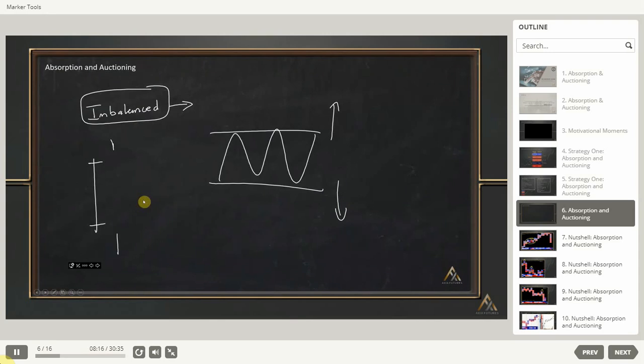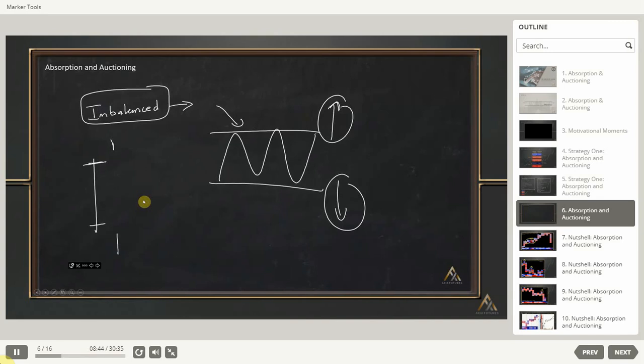So if we're seeing the concept of absorption and auctioning occurring in an imbalanced market context, this means that this initiative has the potential to be far more aggressive. Why? Because if we're trading quite close to a previous day's extreme, we know that the potential for a breakout is quite high. So we want to utilize this absorption and auctioning to play for the potential breakout of the previous day's extreme.